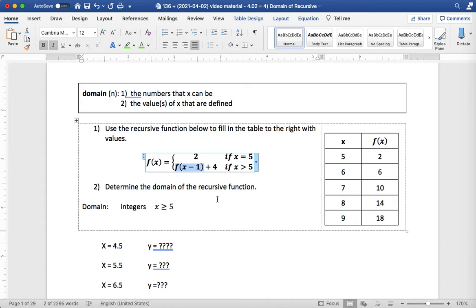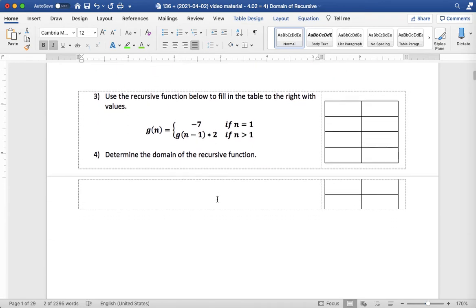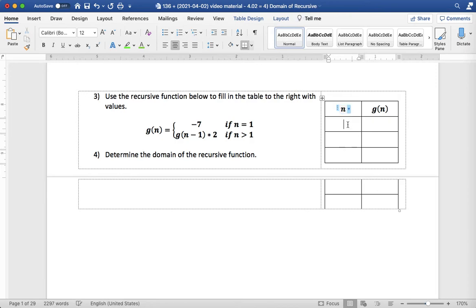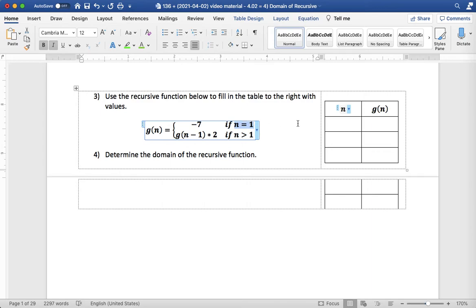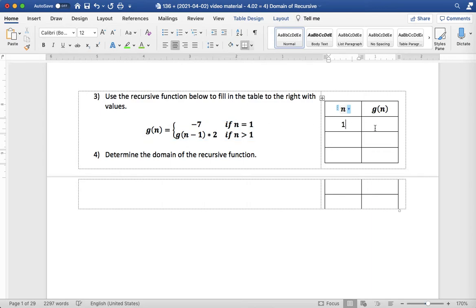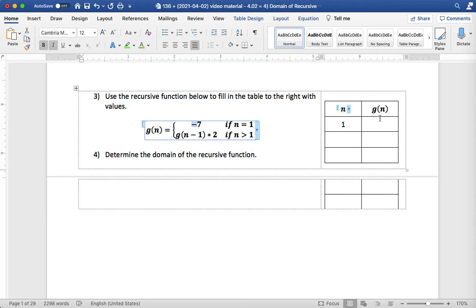Let's do one more example here. Let's say we have this right here. Let's use this to make my table. So we have a g of n over here, and on the other side we have an n. Okay, so when n is equal to 1, I know that this is equal to -7.